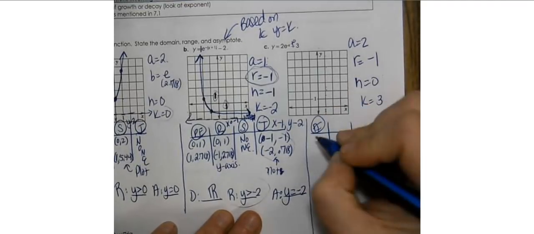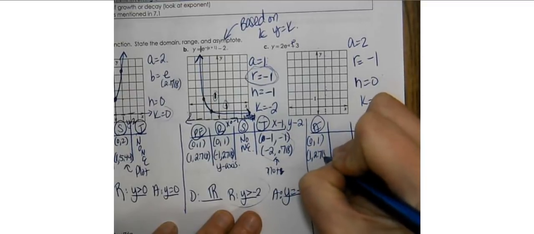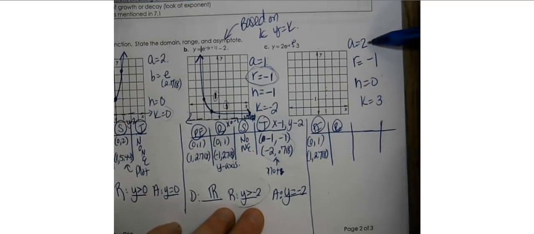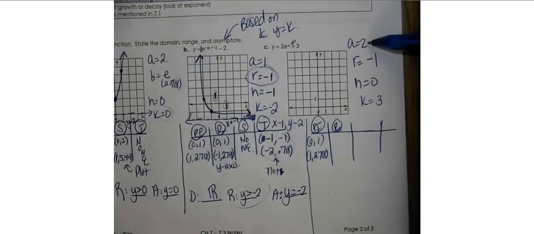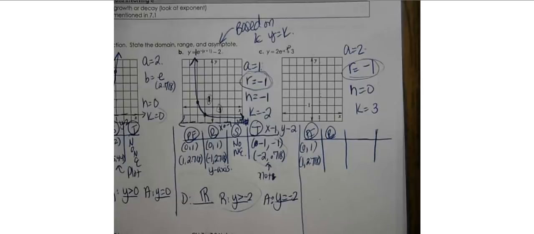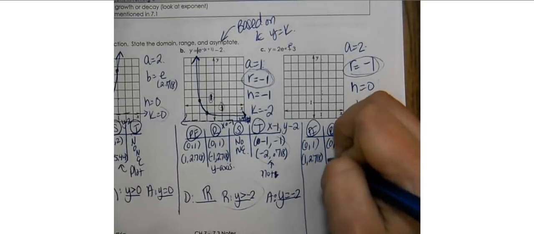So now I'm going to identify my parent function, so that's going to be 0, 1, and 1, 2.718. We have a reflection. My A value is positive, so I will not be multiplying my Y values by -1. However, because my R value is -1, all of my X values will be multiplied by -1. So I'm going to have 0, 1, and -1, 2.718.